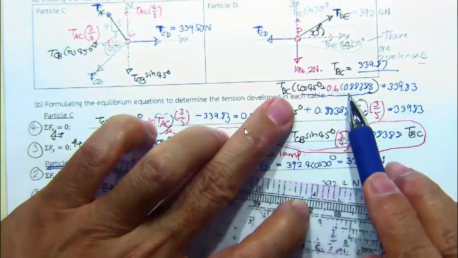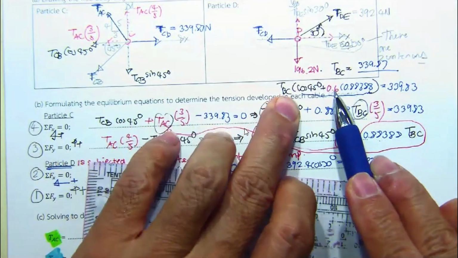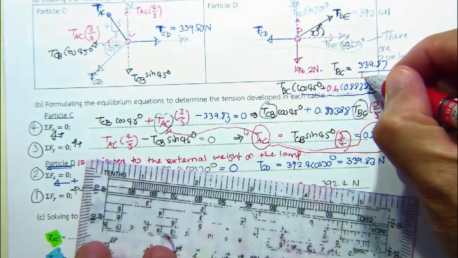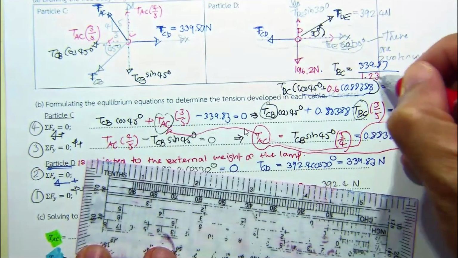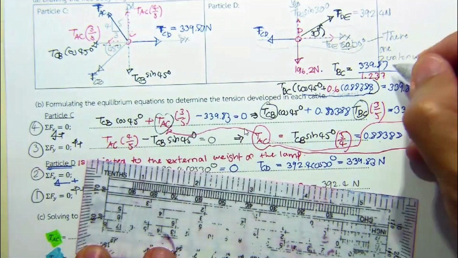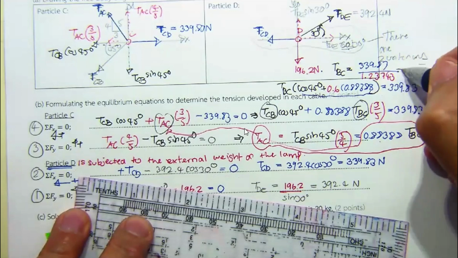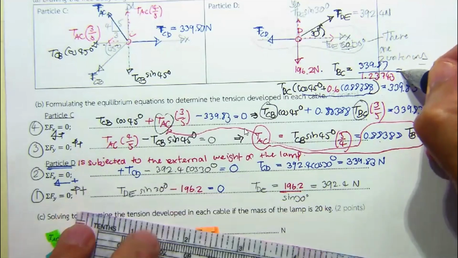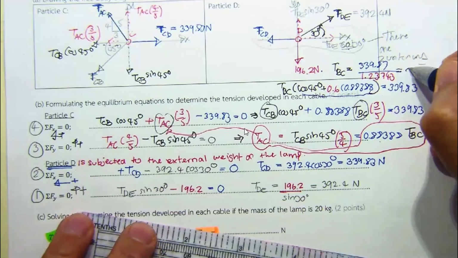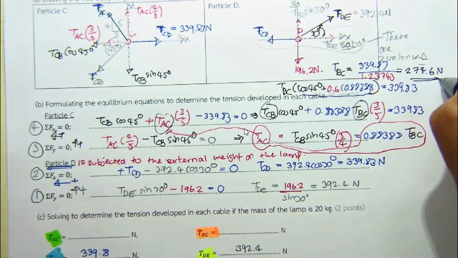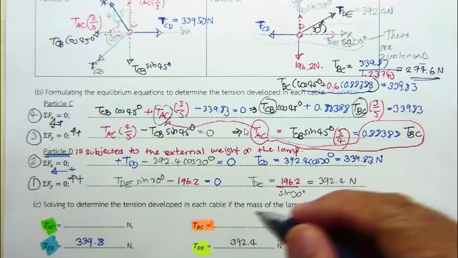Okay, and then put all together. You should get this one to be 1.23743, and then finally you get T sub BC equal to 274.6 Newton.